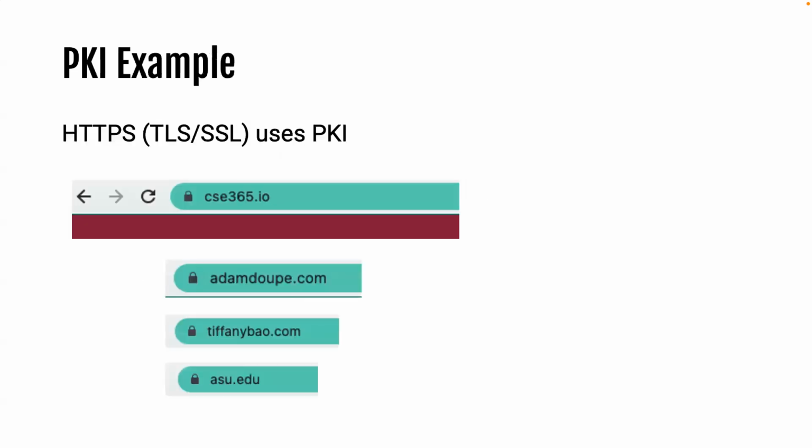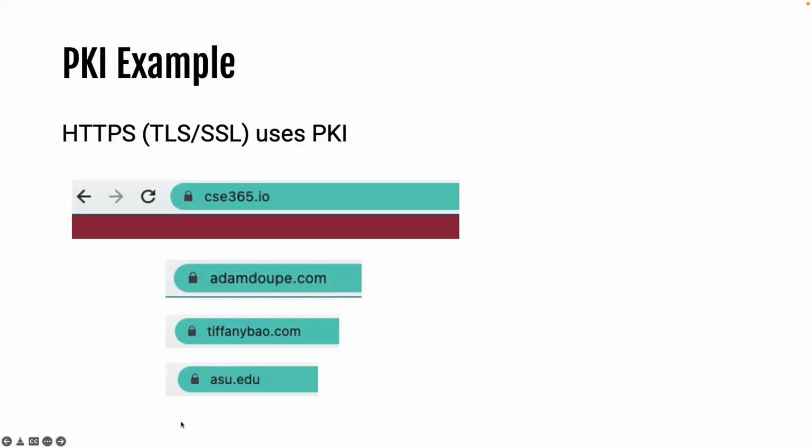All right. And it turns out that PKI has been used very extensively in our daily practice. For example, if you look at our website, or Adam's or my personal website, or ASU's website, you will see this small lock icon over there.